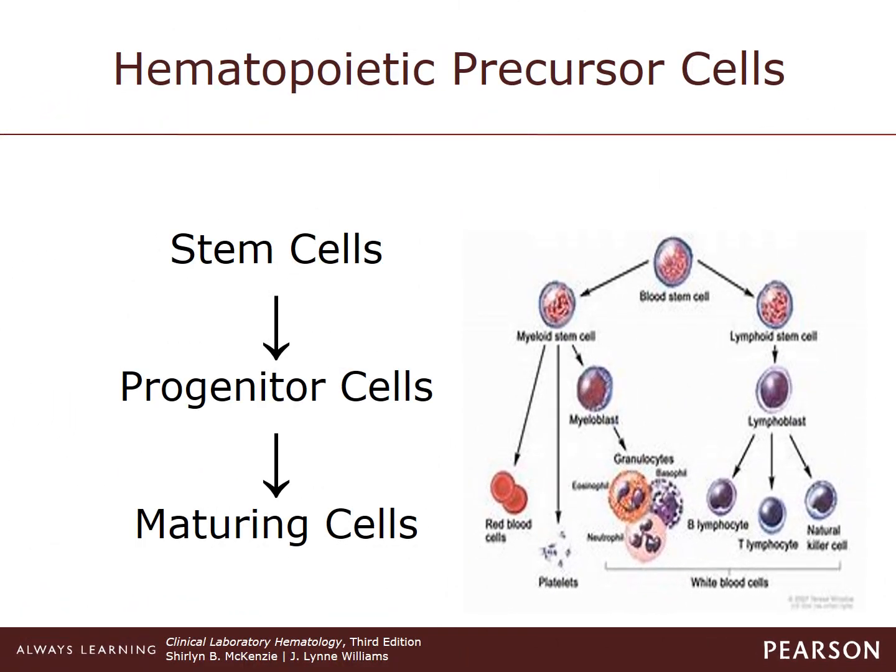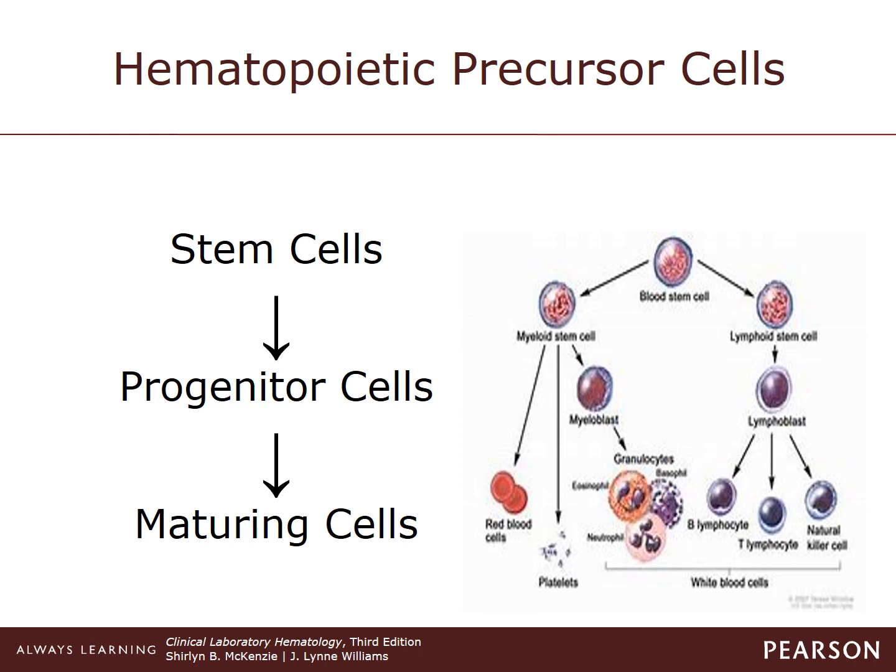The bone marrow is estimated to be capable of producing approximately 2.5 billion red cells, 2.5 billion platelets, and 1 billion white cells per kilogram of body weight daily. Now, hematopoietic precursor cells can be divided into 3 cellular compartments defined by their relative maturity.